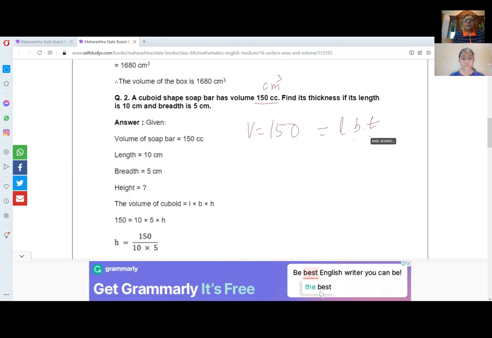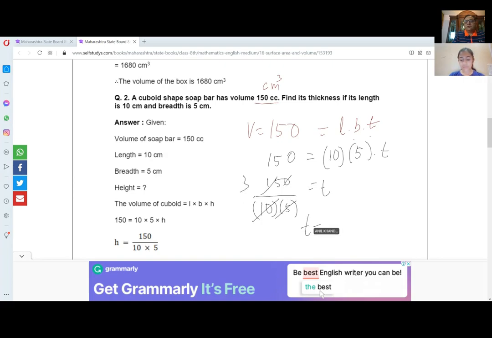So 150 equals 10 times 5 times thickness. You can now divide 150 by 10 times 5, and easily you can get the solution. 5 goes 3 times and thickness is equal to 3. Units will be centimeter. Is that clear?